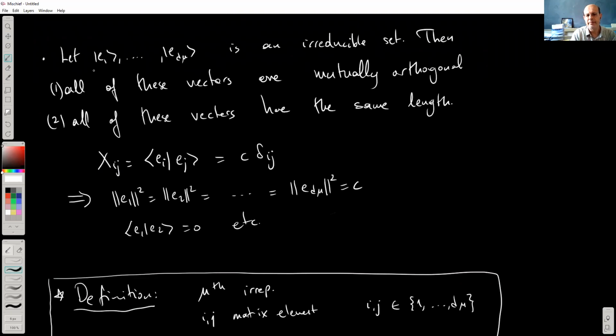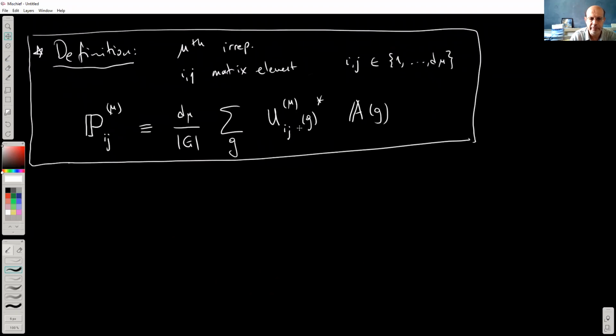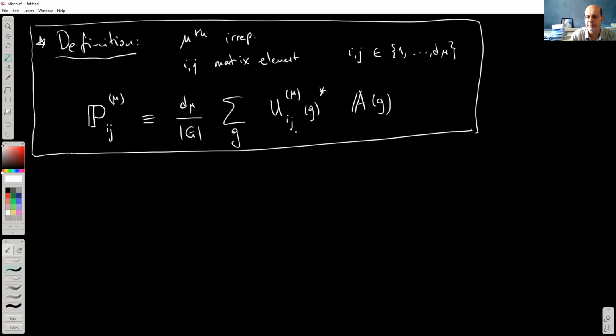This is basically an irreducible set. But the previous theorem is actually general. You can show it yourself and then deduce that this has to be the case.